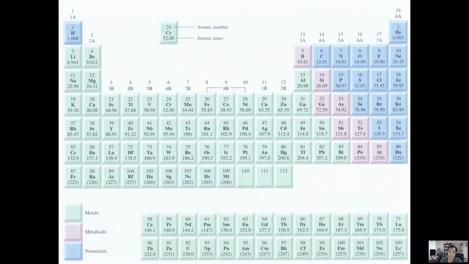In the periodic table, you do get lithium at 6.941. So if you wondered how you get these numbers, it's because these isotopes exist. Again, there are different forms of these elements.